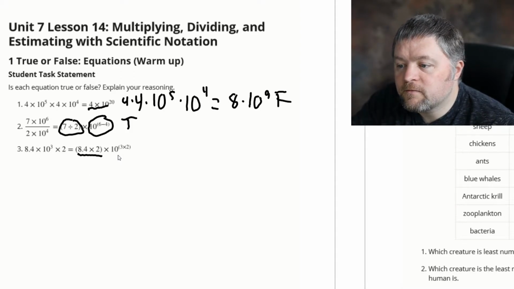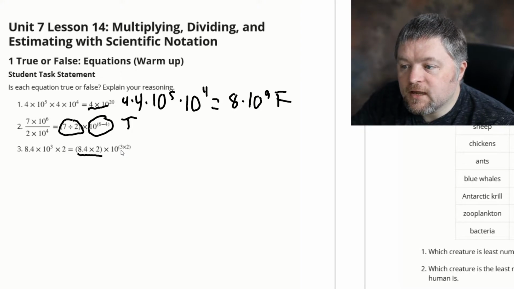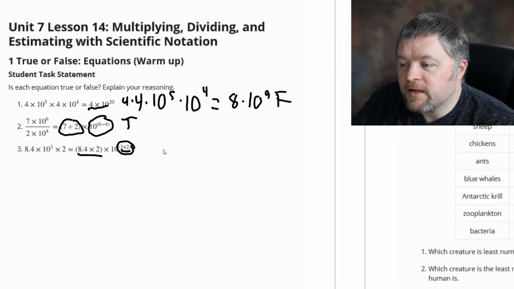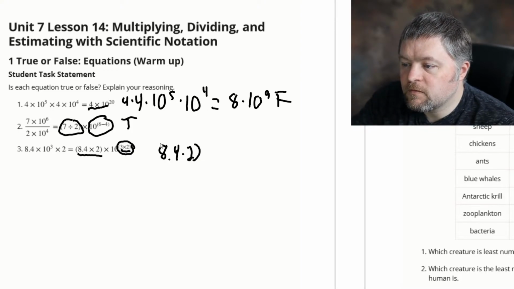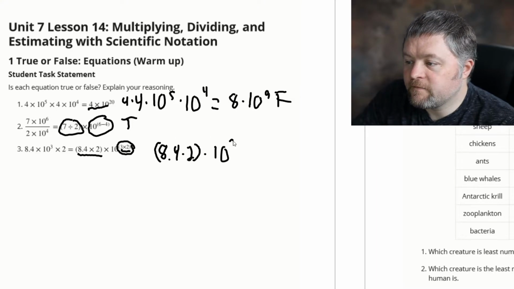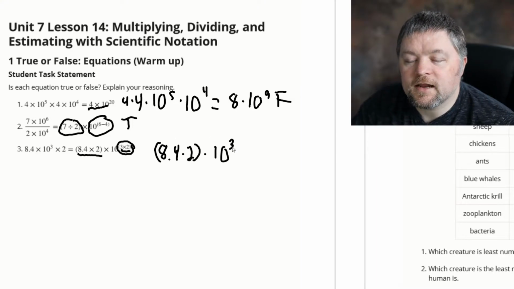However, we would not have to do anything to the exponent here. That would not have to be multiplied. It would be 8.4 times 2, like they have it, times 10 to the power of 3, because we're not doing anything to that exponent.